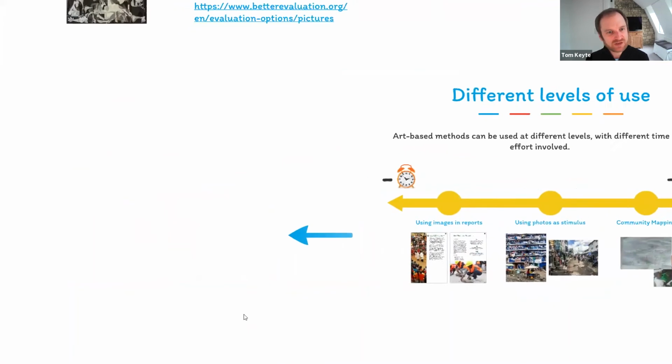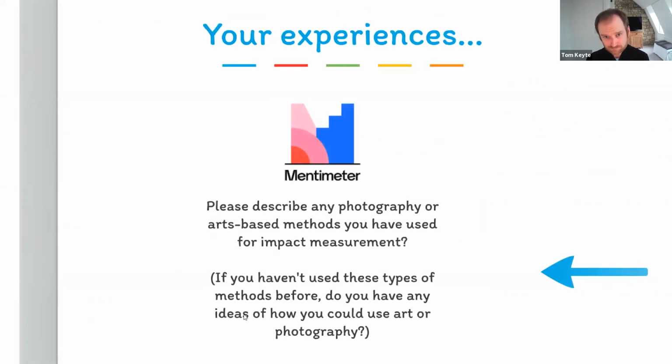And so again, it'd be great to bring you in here. We're going to bring up Mentimeter, and I've got one and a bit questions for you. And the link has come up again. It'd be great if you could describe any photography or arts-based methods you've used for impact measurement. It could be anywhere along the spectrum.